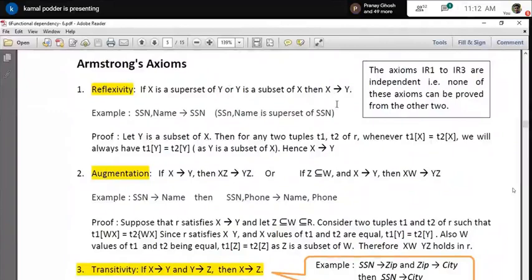I don't need the proof here, but I have to understand this properly because I have to use it properly.